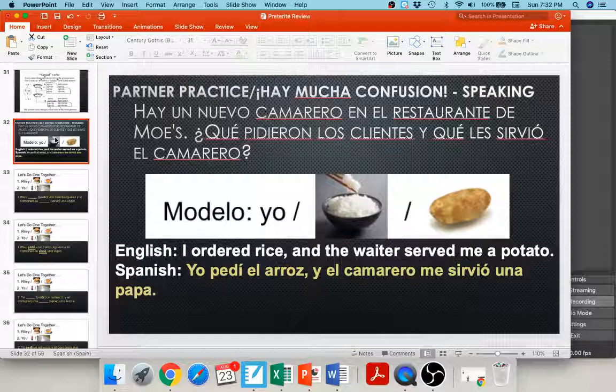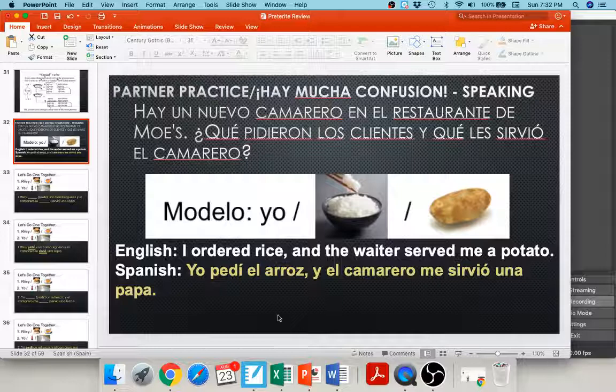So in the model here, I've given you the subject of yo, I've given you some rice, arroz, and I've given you a potato, a papa. So you're trying to say in English that I ordered rice and the waiter served me a potato. So I have yo pedí el arroz y el camarero me sirvió una papa.